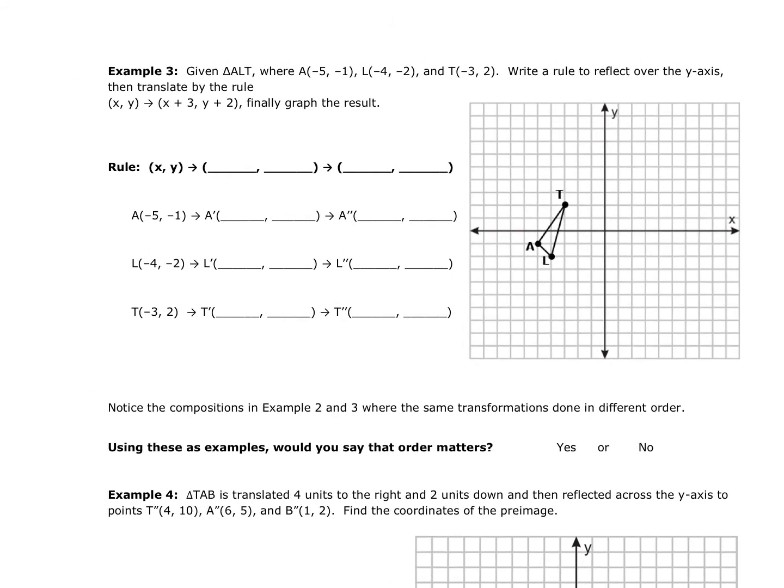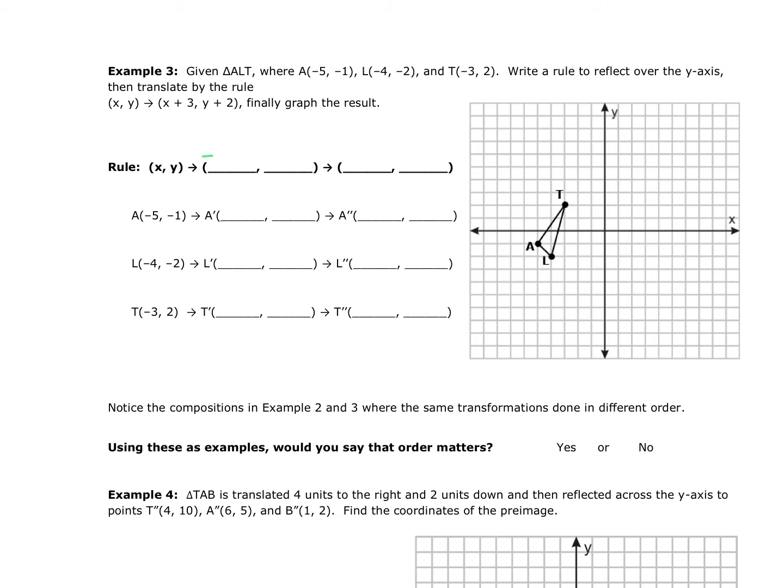Given the triangle ALT, again, write a rule to reflect over the y-axis, then translate by the rule, and finally graph the results. So again, reflecting over the y-axis, our y values are going to stay the same. Okay, but our x values become the opposite.